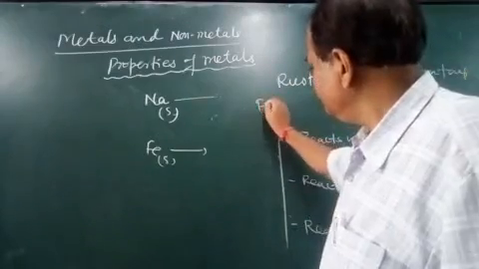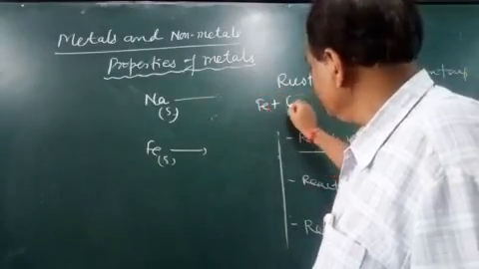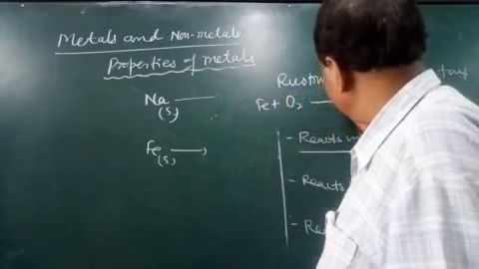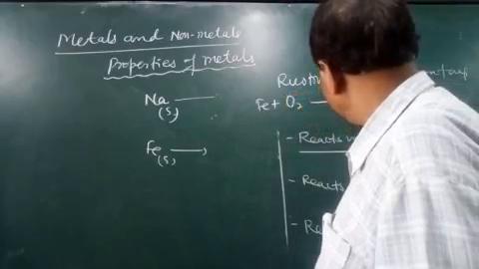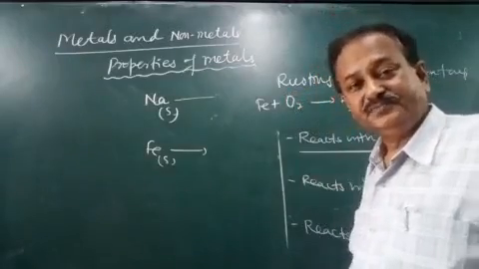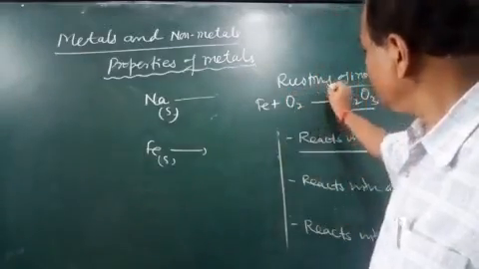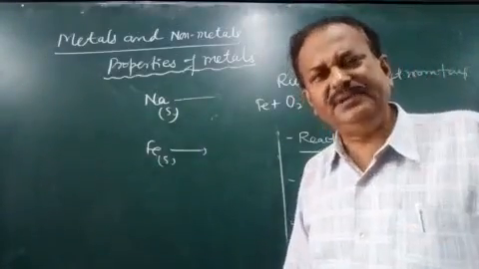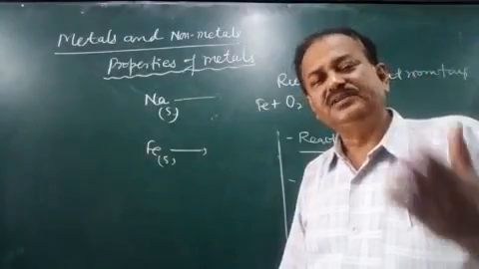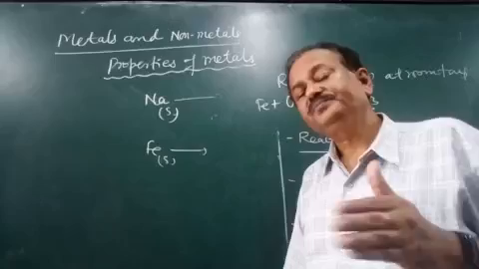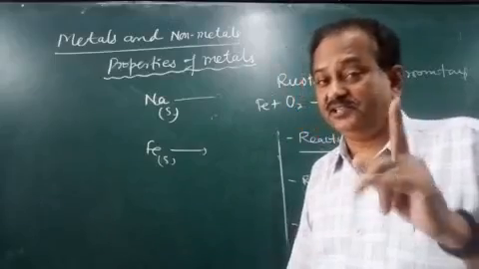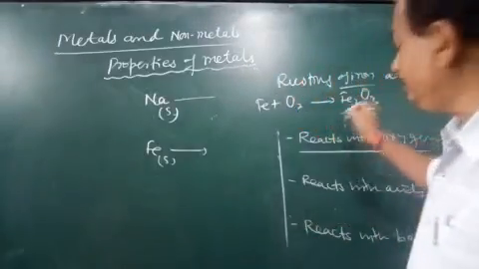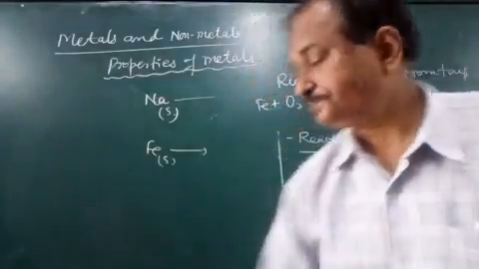So iron reacts with oxygen to form Fe2O3. This is rust. At room temperature, because iron is very reactive. Other metals also, aluminium, zinc, also react, but they are less reactive. So we call such compounds oxides.